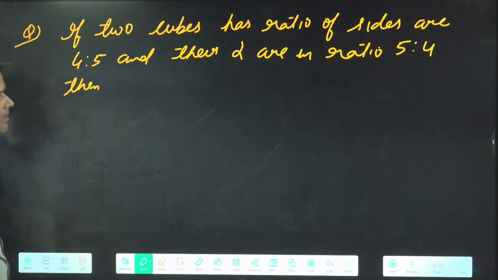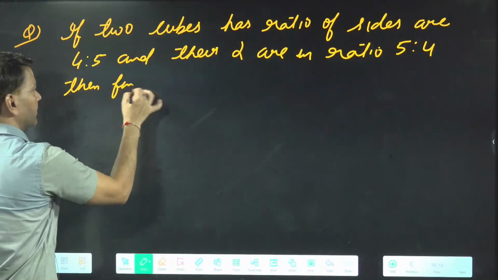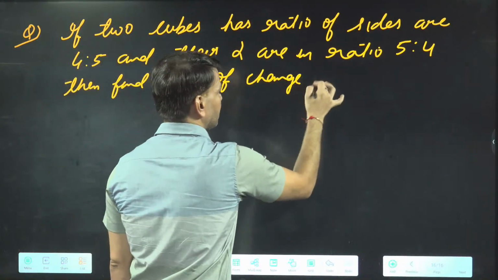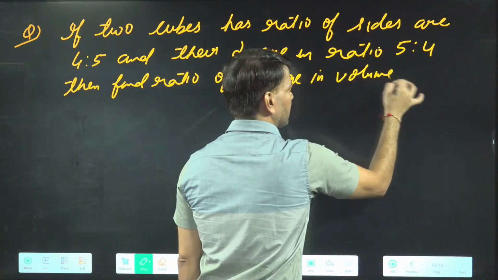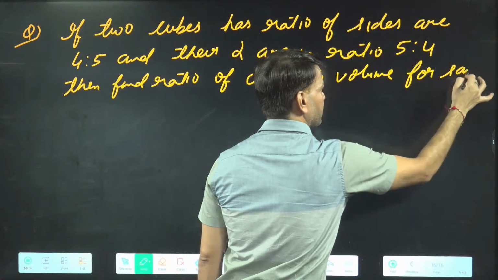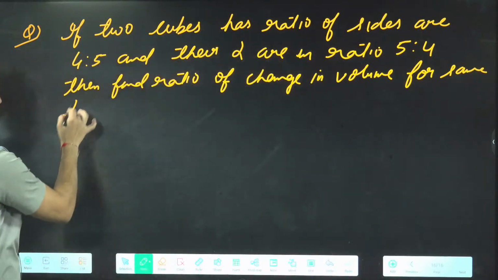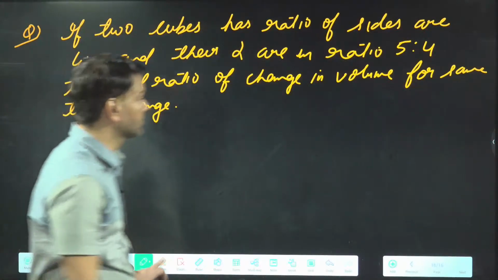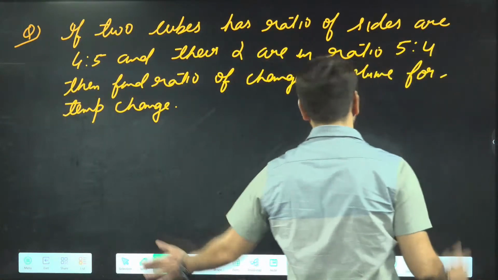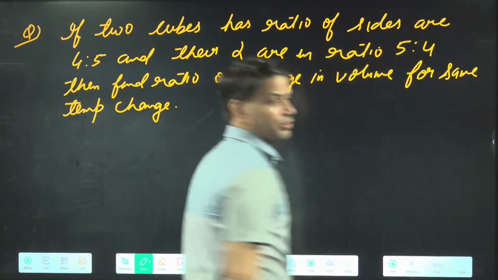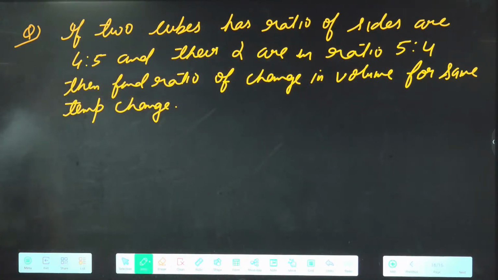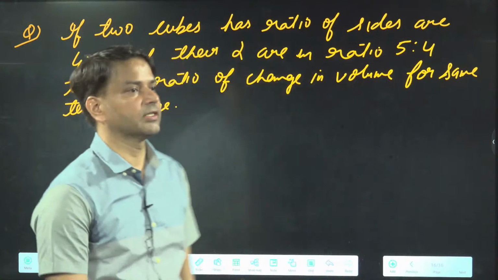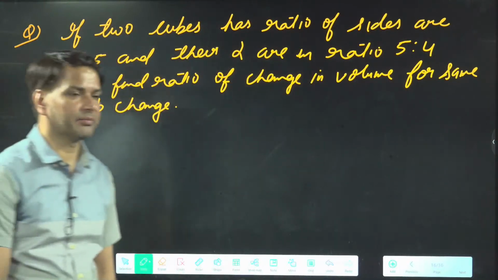Then find the ratio of change in volume for the same temperature change. Tell fast. So the ratio of the sides of the two cubes is 4:5 and their alpha are in the ratio 5:4. Then find the ratio of the change in volume for the same temperature change.